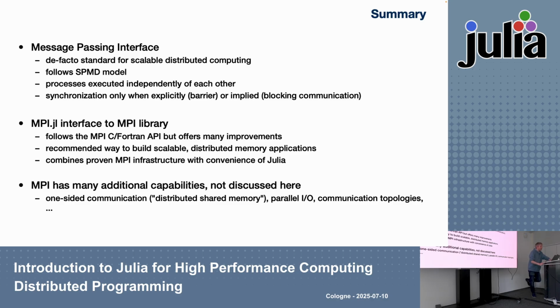Then MPI takes care of updating the values on the receiving side, which is a kind of distributed shared memory. So there are some more additional capabilities in the MPI interface than what I presented here.